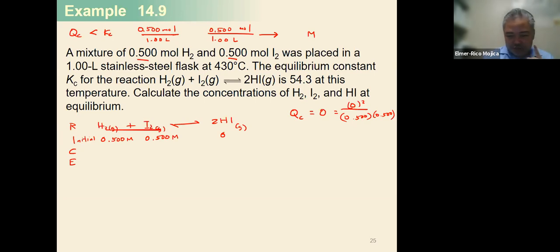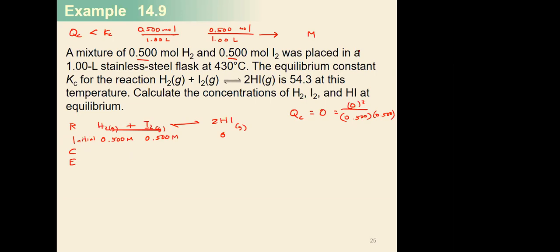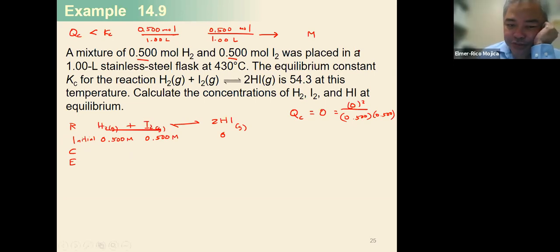So we have the initial concentration already. What is C? Anyone? What does this C mean? Change in concentration. Okay, C is change in concentration. So here we put the X. What happened to the reactant?